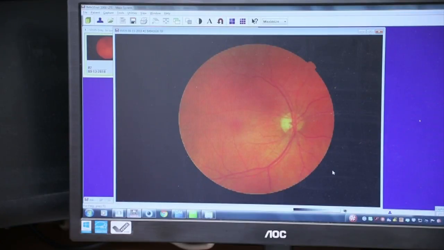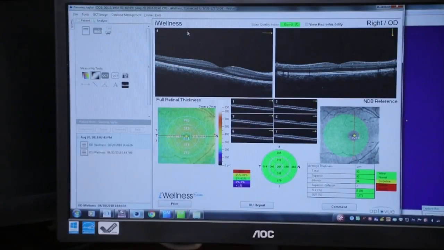This lets me look at the blood vessels, the optic nerve, the macula, and the general view of the retina. That's really important in diagnosing diabetes. And you also have the images from the OCT as well. Right, and this is the OCT, where we can look at a few scans.